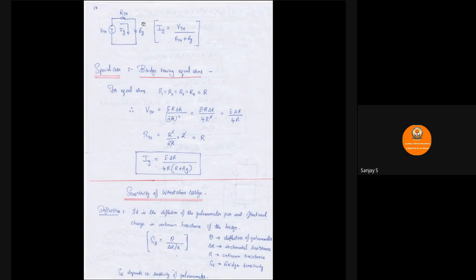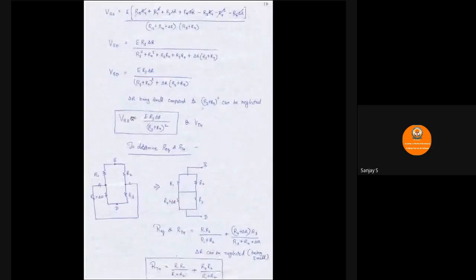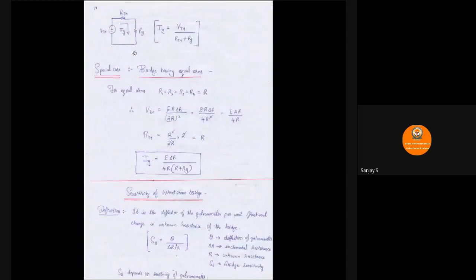Galvanometer was the one that we had replaced. The galvanometer also contains a resistance, so I have written it as RG. Now the entire bridge circuit is replaced by VTH in series with RTH, and the galvanometer has been brought back by writing it as RG.